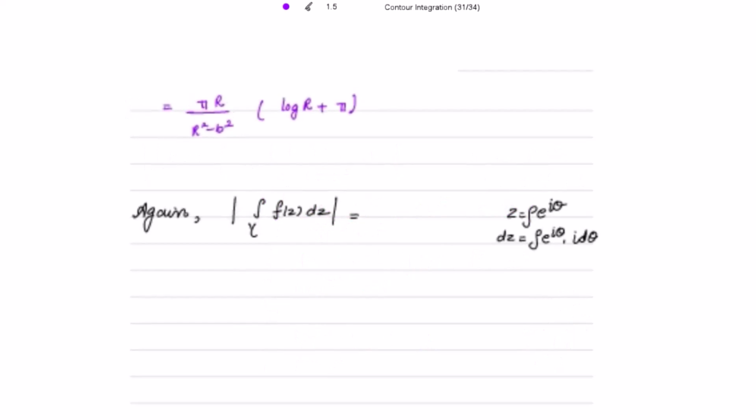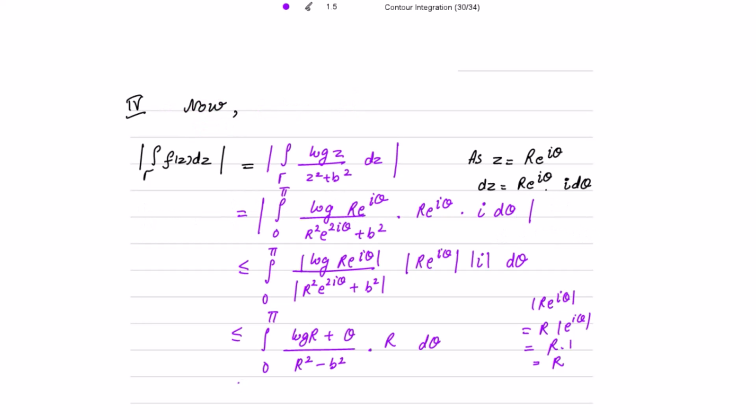Furthermore, I can write this as less than or equal to, now what is the maximum value of theta? It is pi. So I can write again further less than or equal to, I'm writing here the maximum value of theta, which is pi, over r² minus b² r dθ.